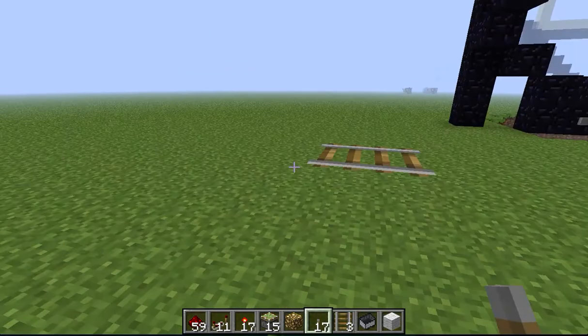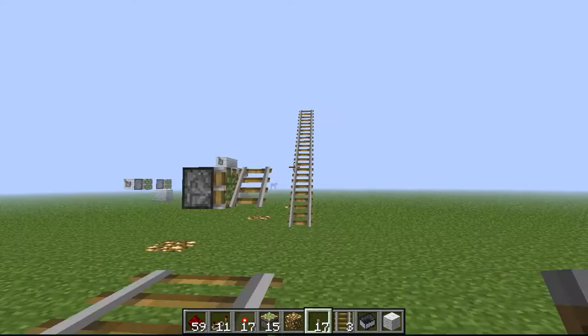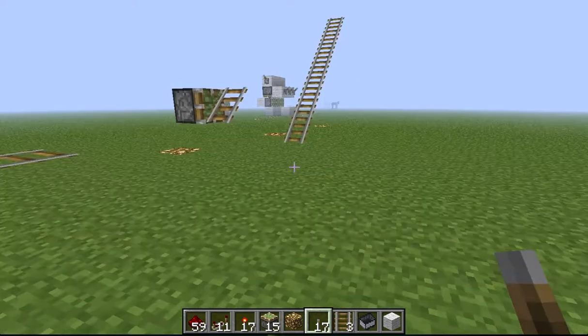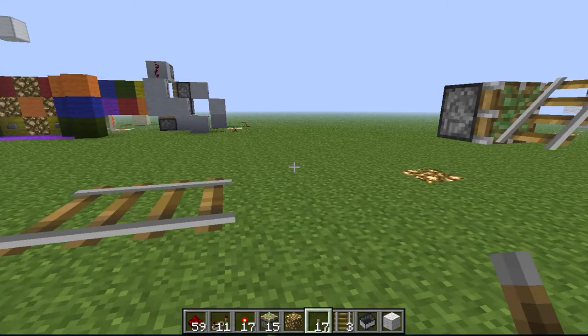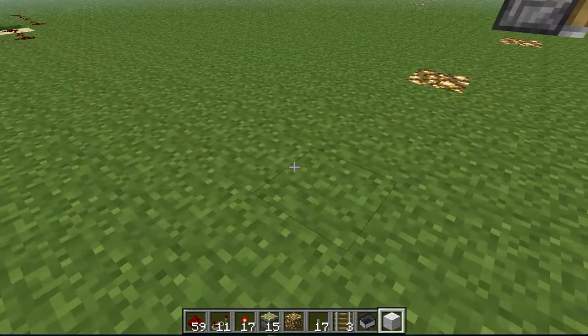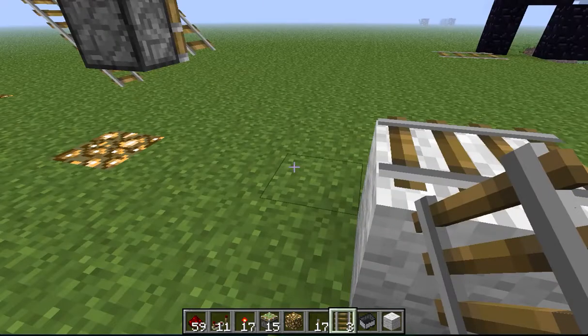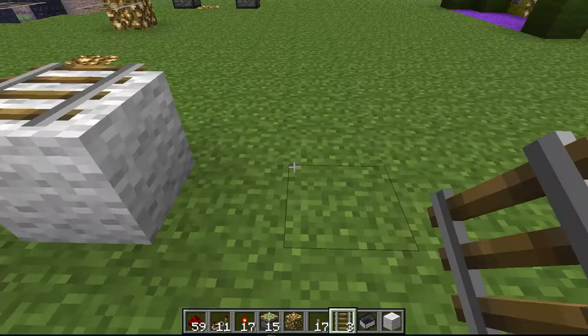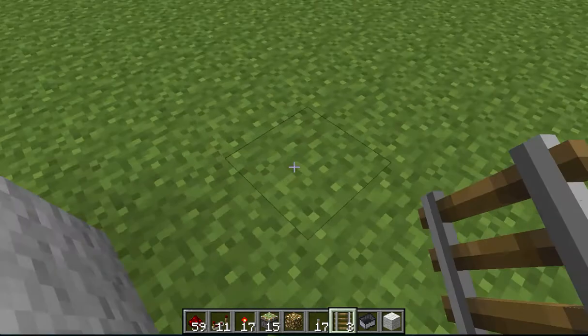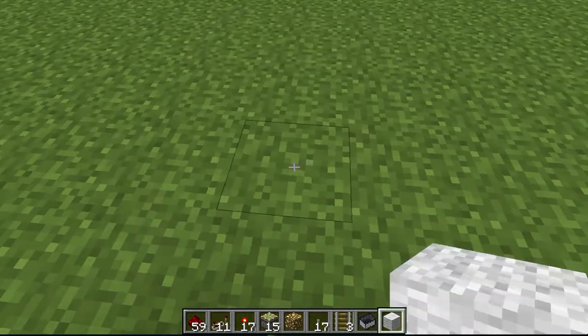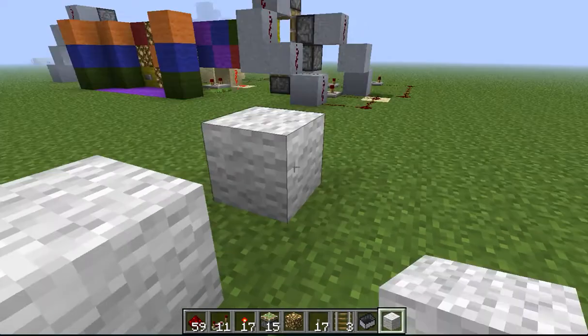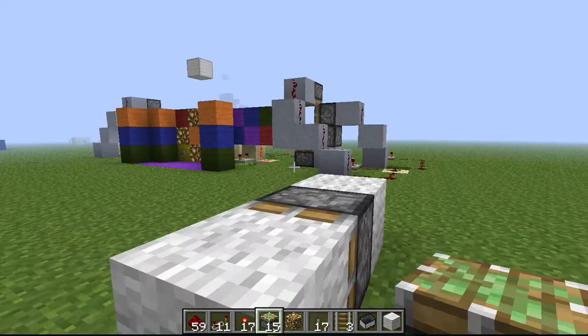Now this and that are what I consider the holy grails of floating Minecraft rails. The way I did these, I dropped a block like this. Now, I want it over this airspace here, so I have to drop another block. I get two pistons.